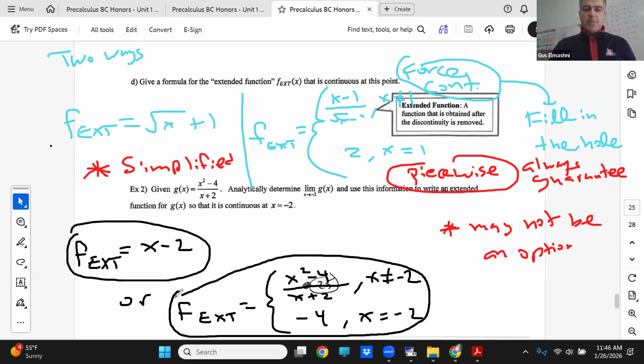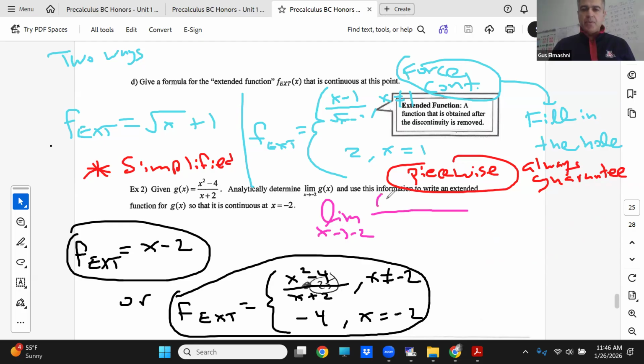So now you guys are aware of that, which is good. Analytically determine the limit. You guys can do that. I'll do it really fast. The limit as x approaches -2 of this junk, I'm going to start factoring it right away. What happens to the x plus 2s? They cancel. So now I can plug in -2.